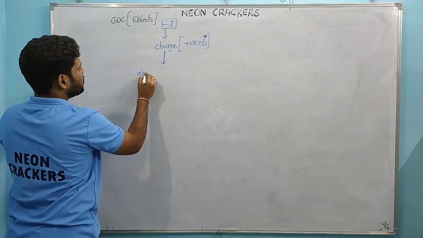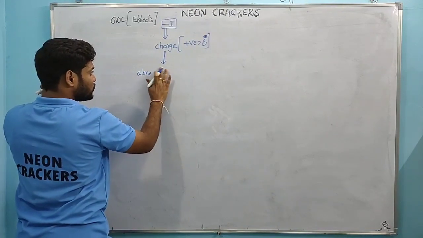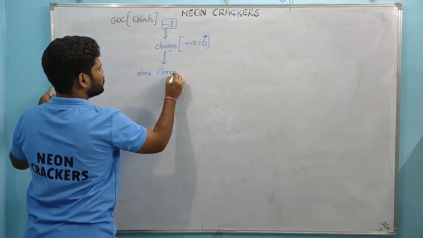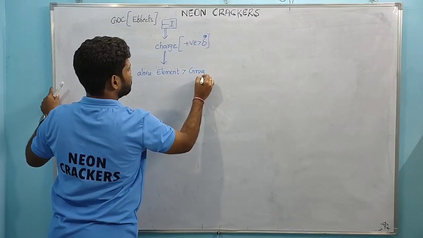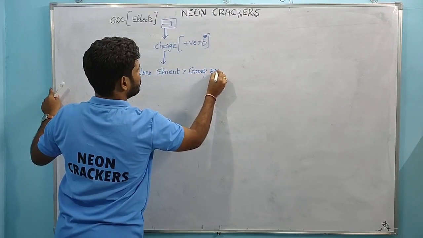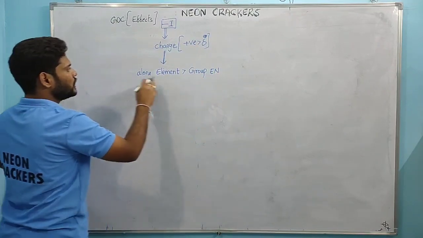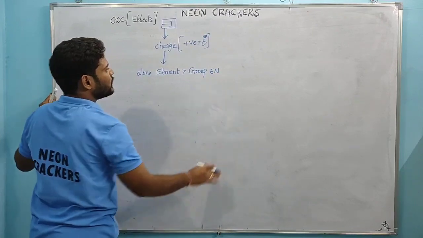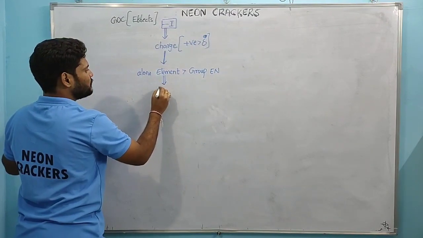Alone element electronegativity. Alone element electronegativity is greater than group electronegativity, because in a group the EN difference is always decreased. So alone element is greater than group electronegativity.